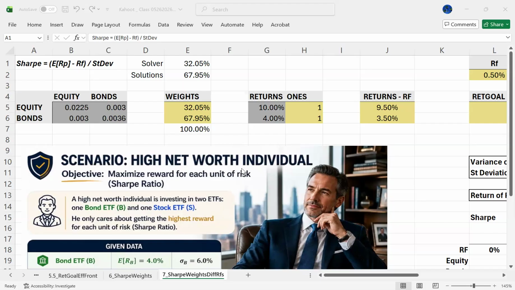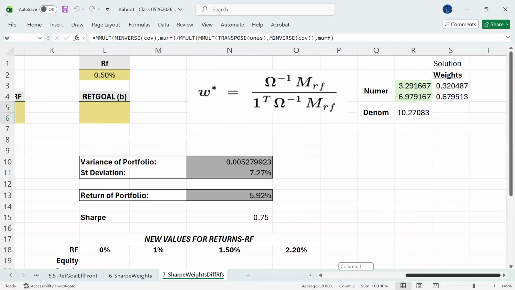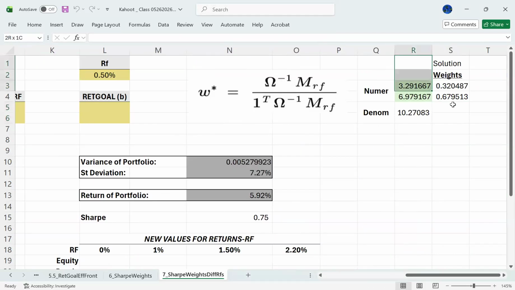And finally, we are also solving for the portfolio that has the highest Sharpe ratio, which in portfolio theory is essentially the optimal risky portfolio or the tangency portfolio. Okay, and then you could identify this portfolio with solver. You can identify this portfolio with these formulas. You can identify this portfolio using the formula, but in a simpler way, two-step if you prefer so.